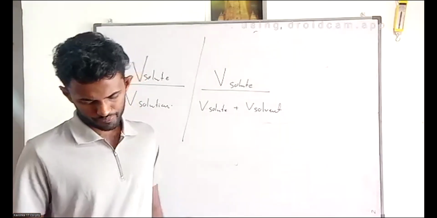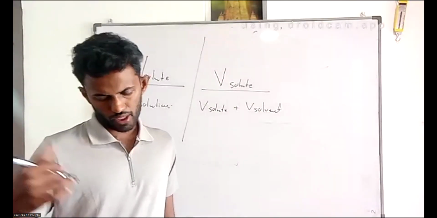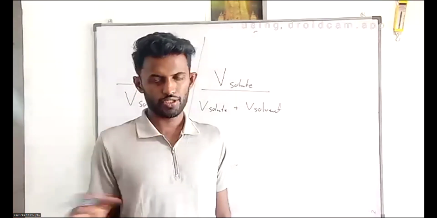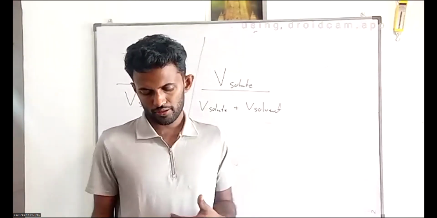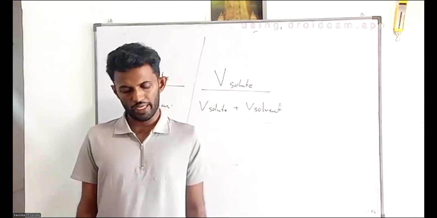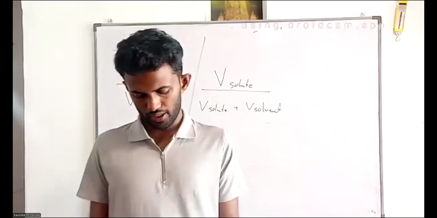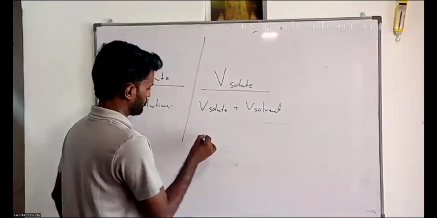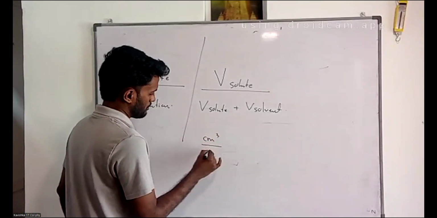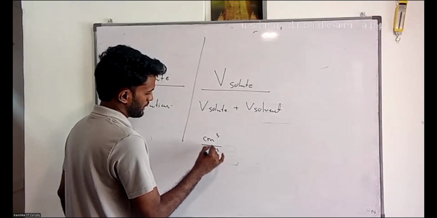So the answer is 50 divided by 500. No need to change into decimeters or anything, since they are given in the same units. So it's 0.1 fraction. There are no units, because both numerator and denominator are in cubic centimeters.